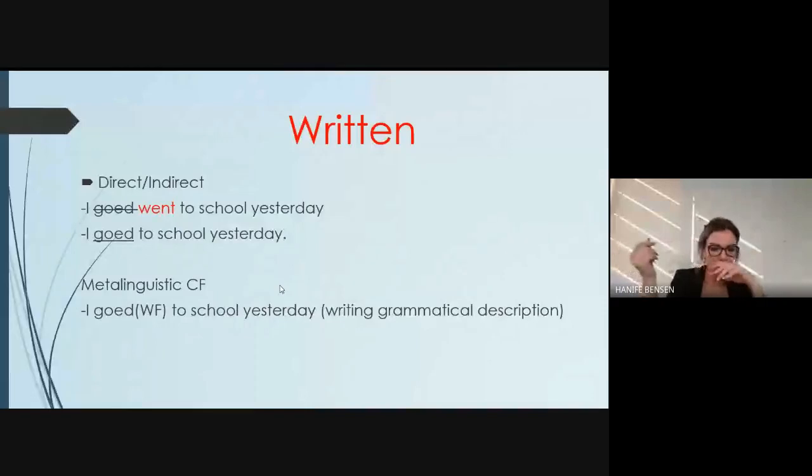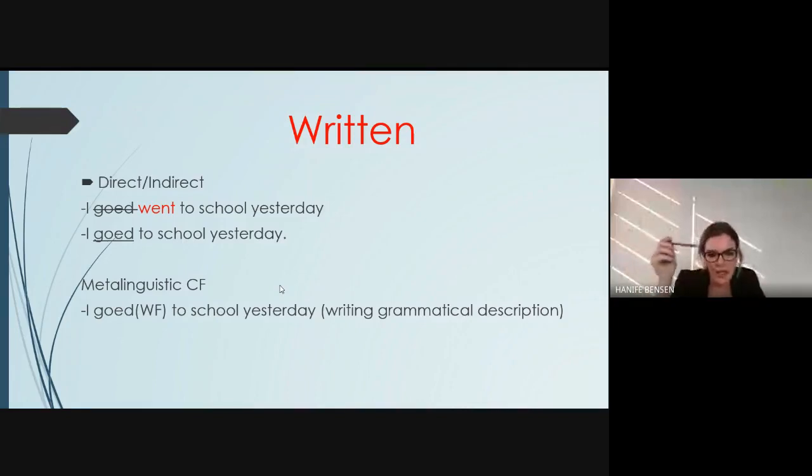Let's just say a student has an essay and they've made the mistake, I goed to school yesterday. If you erase the term goed and write went, then we call this direct written corrective feedback. However, if you underline it or use metalinguistic corrective feedback, like providing codes, we call this indirect corrective feedback.